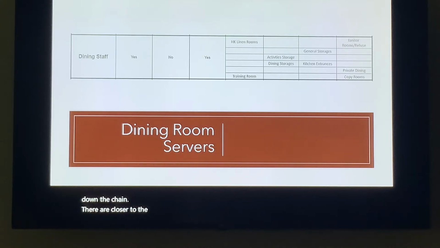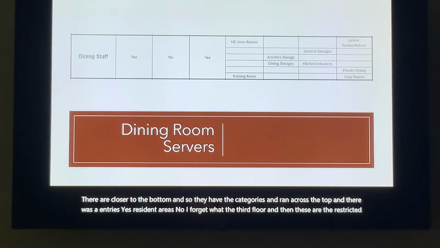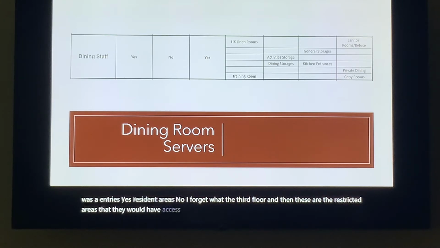They're closer to the bottom. And so they have the categories that ran across the top, and it was entries, yes, resident areas, no. I forget what the third one is. And then these are the restricted areas that they would have access to. And you can see that the access really has been granted based upon their job function.